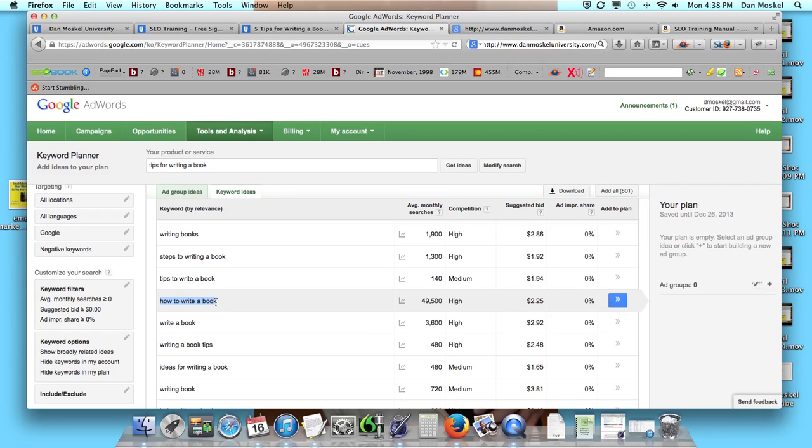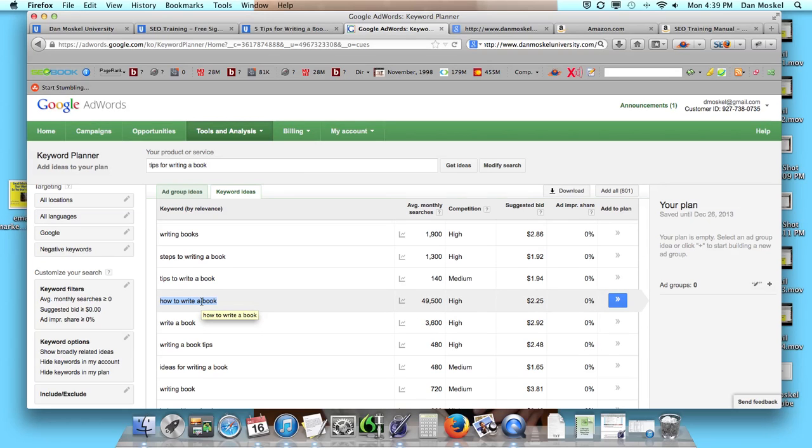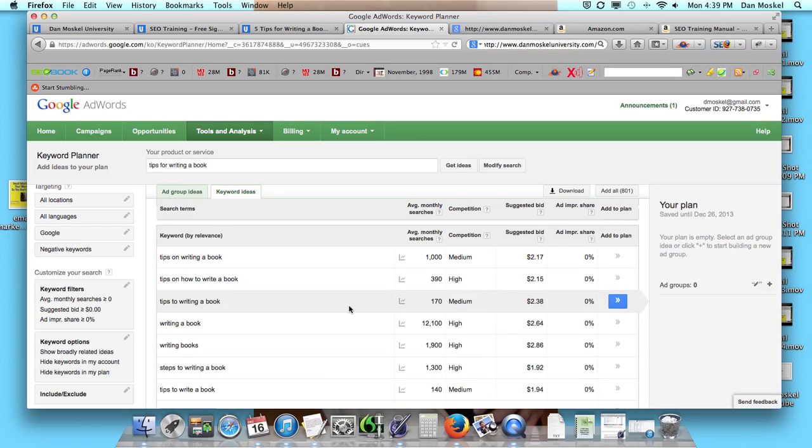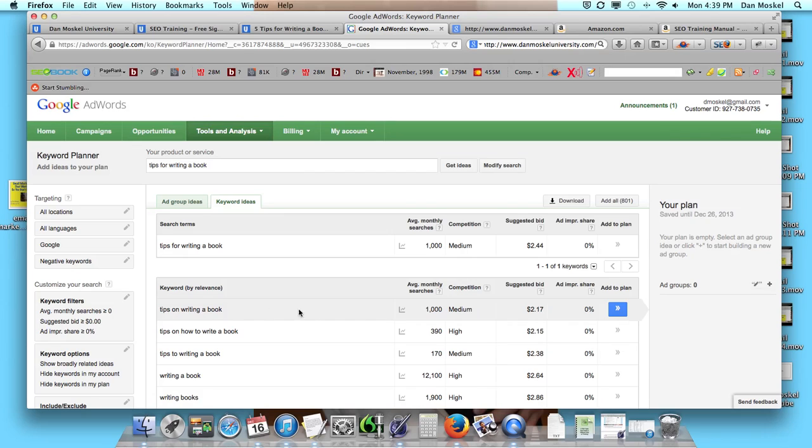However, how to write a book is going to have massive competition because that's searched for 50,000 times every single month just in Google. We can for sure get ranked for this term, but there's going to be a whole lot more competition for those 50,000 searches than for tips for writing a book with 1,000 searches or tips on writing a book with 1,000 searches.